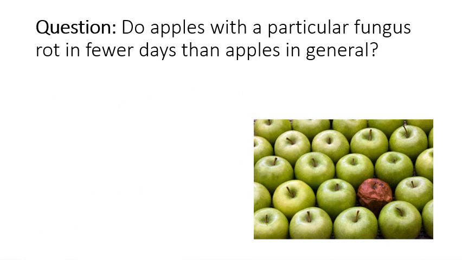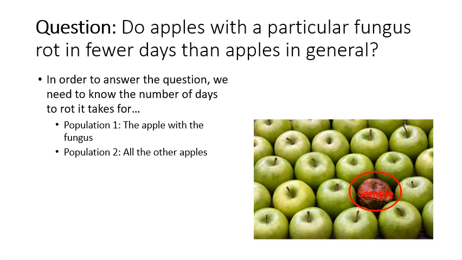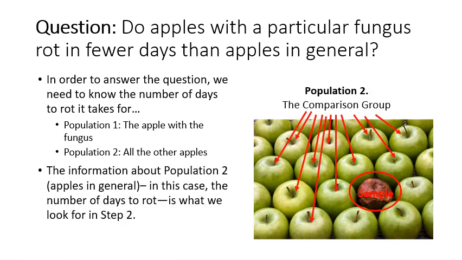So here's that question again. Do apples with a particular fungus rot in fewer days than apples in general? And in order to answer the question, we need to know the number of days it takes to rot for population 1, the apple with a fungus. Right here, that's our sample. And population 2, which is all the other apples, all of those.